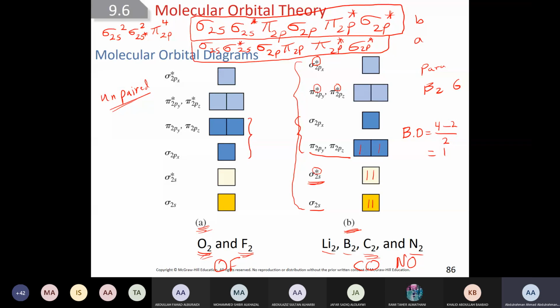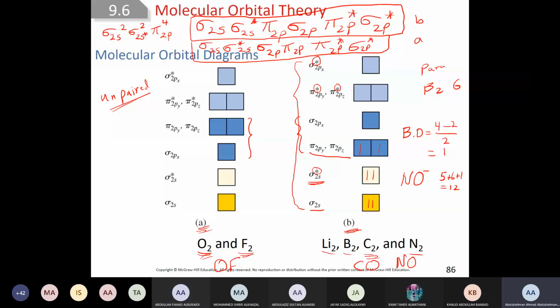Can we do it for NO minus? How many valence electrons do you have for nitrogen? 5. And oxygen. 6. And then we have 1 extra electron for the minus, a total of 12.